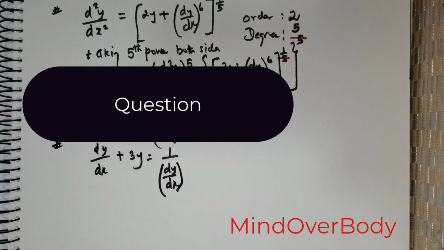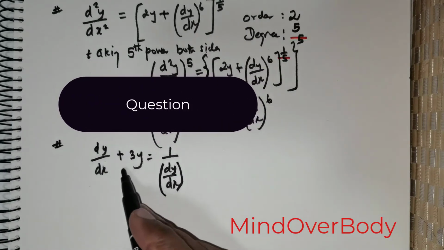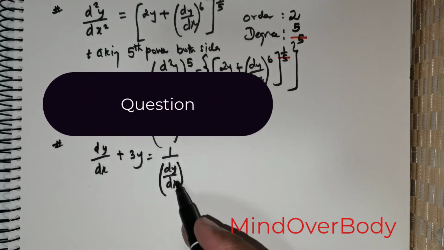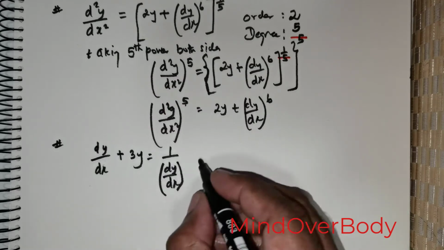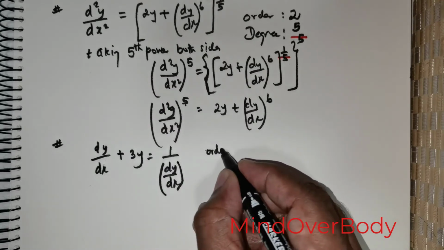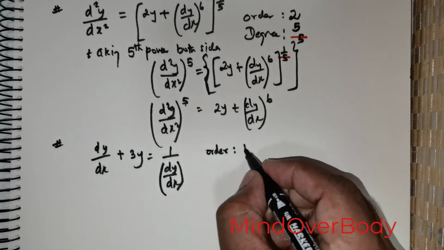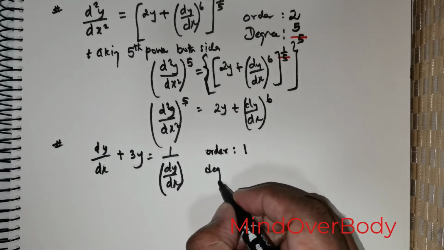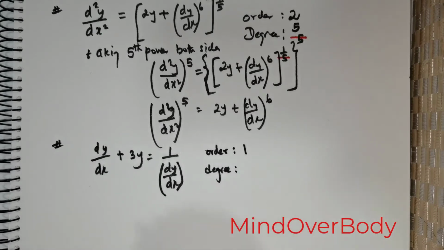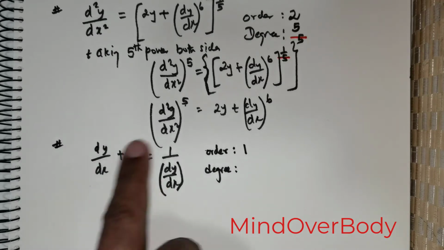Students, let's do the next question. We've been given dy over dx positive 3 times y is equal to 1 over dy over dx. Now clearly you can outrightly state that the order is 1, but when it comes to degree, as I mentioned to you, you'll have to be a bit careful. This is not in polynomial form.